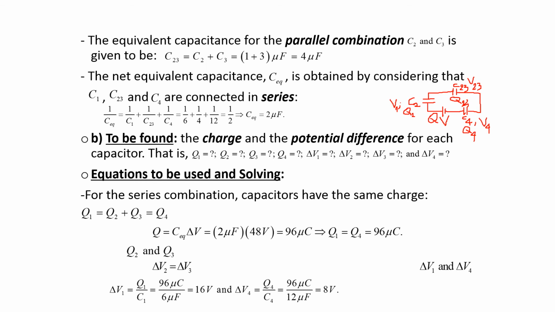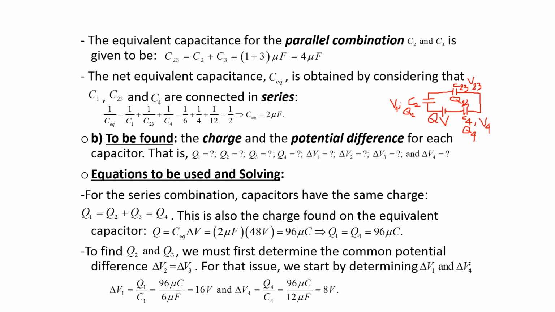The equivalent capacitance equals 2 microfarad, and the potential difference across the terminals of the battery is equal to 48 volts. Then the total charge equals 96 microcoulomb. The charge stored in capacitor 1 equals the charge stored in capacitor 4, which is equal to the total charge, 96 microcoulomb.